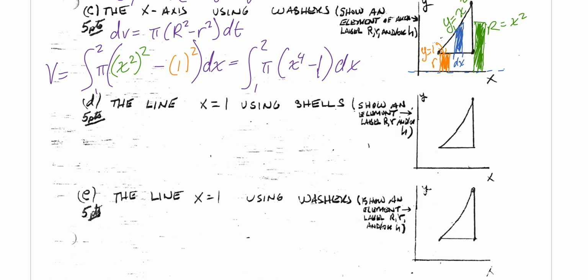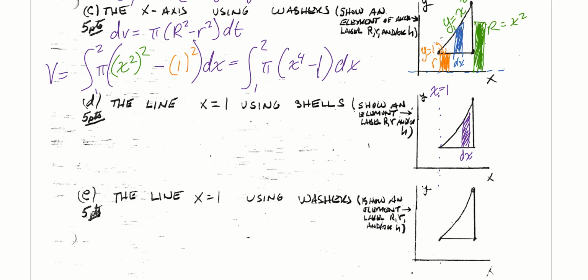Now we have x equals 1, which is right here. I already know that point here was 1 by our last problem. This is using shell. So again, it has to be parallel. Our height is going to be in the y direction, but our thickness is going to be dx. So that's going to be our element of area.